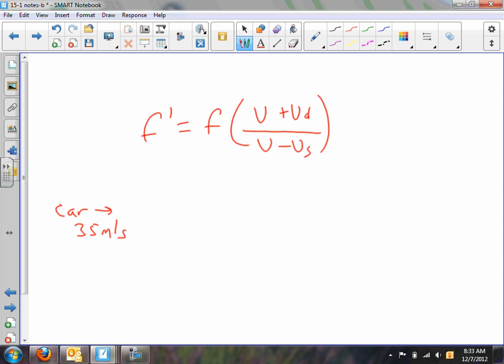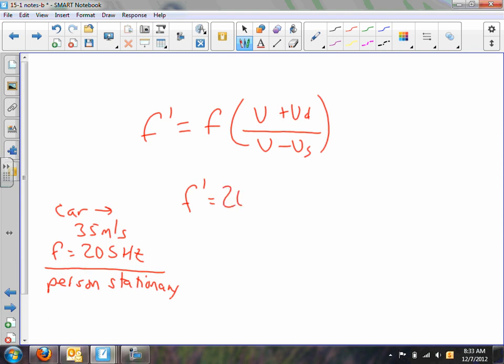And the horn has a frequency of 205 hertz. And a person is stationary, listening to the car come towards it. What is the pitch that person would hear?